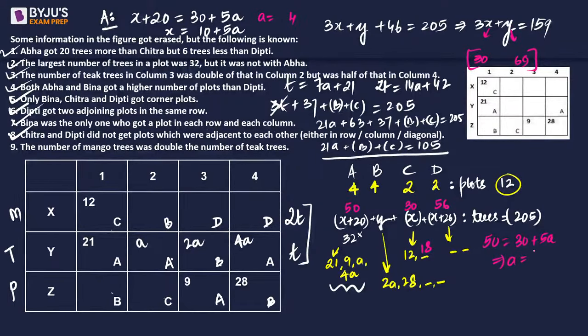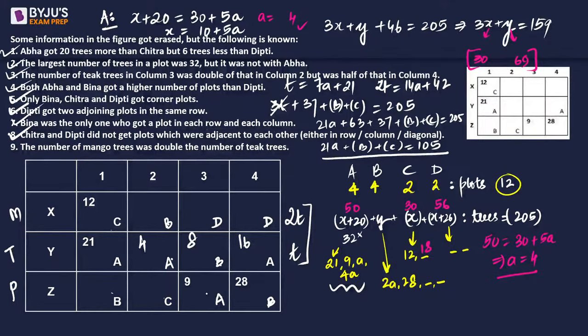This gives us a equal to 4, which we already knew. So it just verifies, right? So in place of a you will now write 4. So this a will become 4, this 2a will become 8, this 4a will become 16, right?